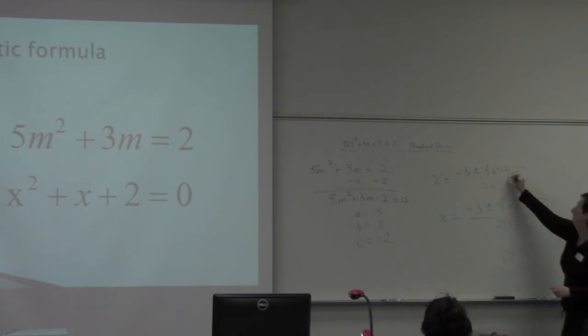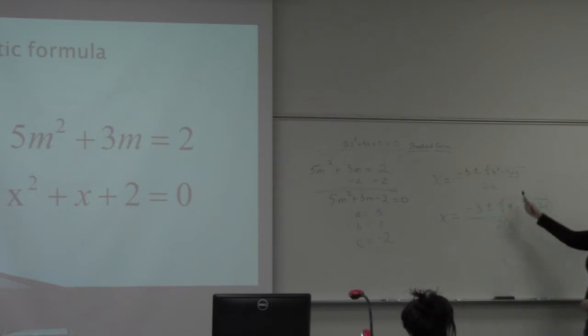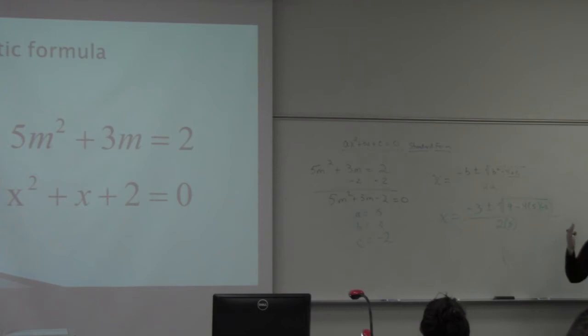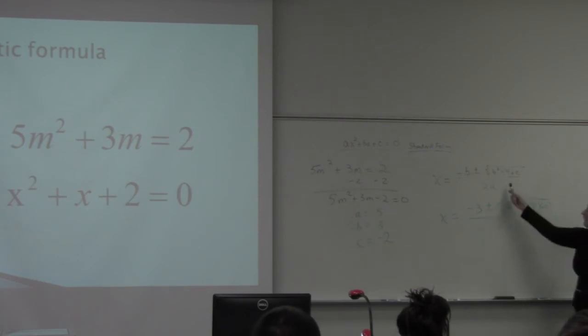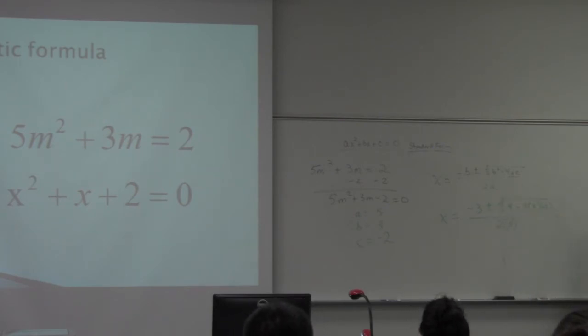First of all, the biggest mistake I see on these is this guy right here. 4AC means 4 times A times C. It is 1 chunk, right? 1 chunk, 4AC. So what is 4 times 5 times -2? 20 times 2 is 40.